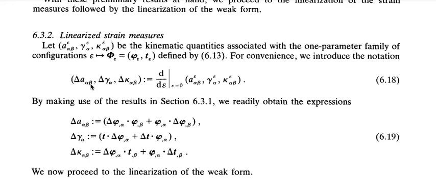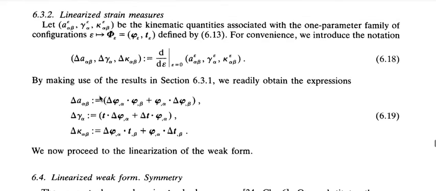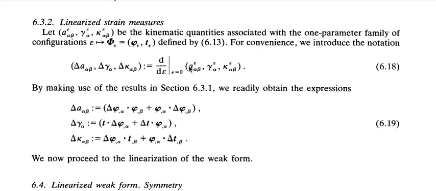So if we see what is the relationship of directional derivative, you can see delta a epsilon a alpha beta is representing that directional derivative. How it is written is just in a similar way as we wrote delta capital phi. We need to write the parameterized form of the strains as a function of the epsilon parameter. So this is a alpha beta parameterized, and take its derivative with respect to epsilon.